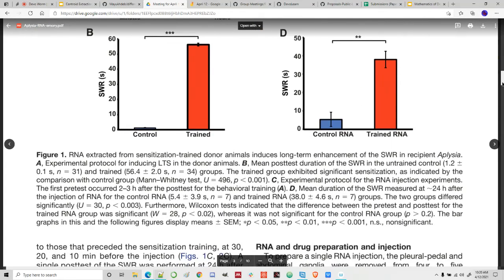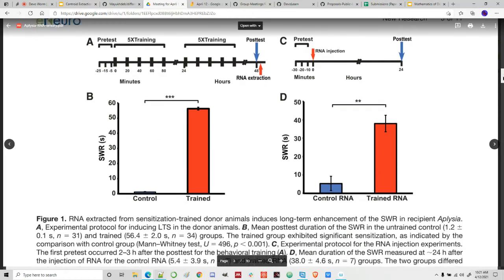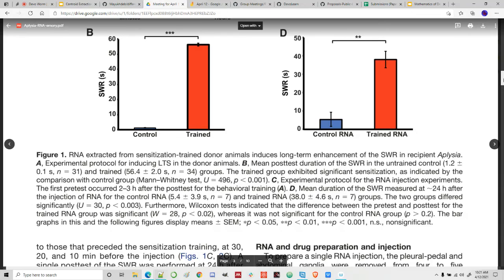They test the control animal first and they test the trained animal, then they make the transfer of RNA to the control, or the naive animal, and it exhibits the same behavior without actually experiencing this training firsthand. And so they can become habituated without the experience.